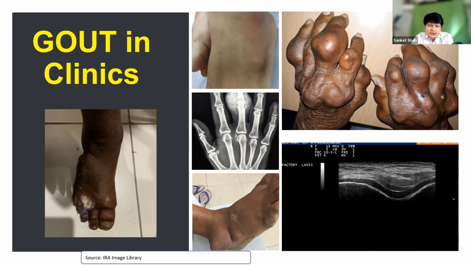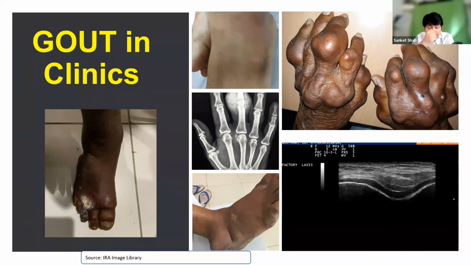A smart drug choice of losartan I am going to keep if it is a hypertensive patient, or an SGLT2 inhibitor if it's a diabetic patient. For pushing urate lowering therapy, I am really not going to give it. Even if it's MCQ, or clinical practice, if the patient denies, saying no, I don't want to take it, I will say, okay, fine choice. Let's wait for the second episode.